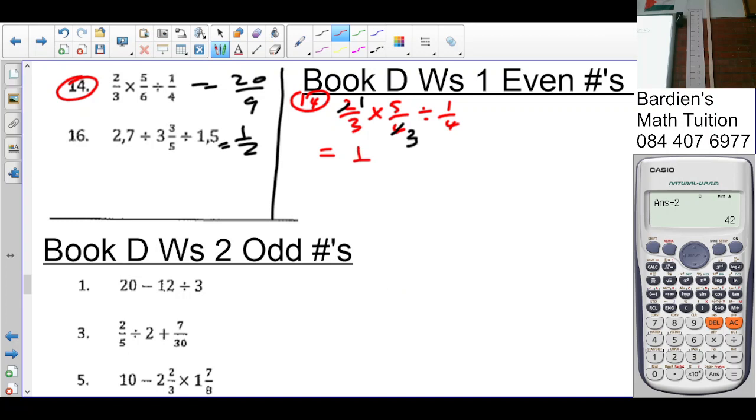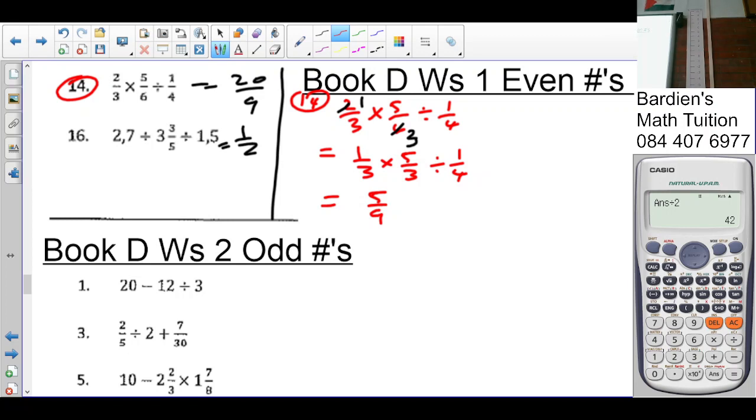So you got 1 over 3 multiplied by 5 over 3, and then divided by 1 over 4. Carry on. Then 5 over 9 divided by 1. Alright, next line.